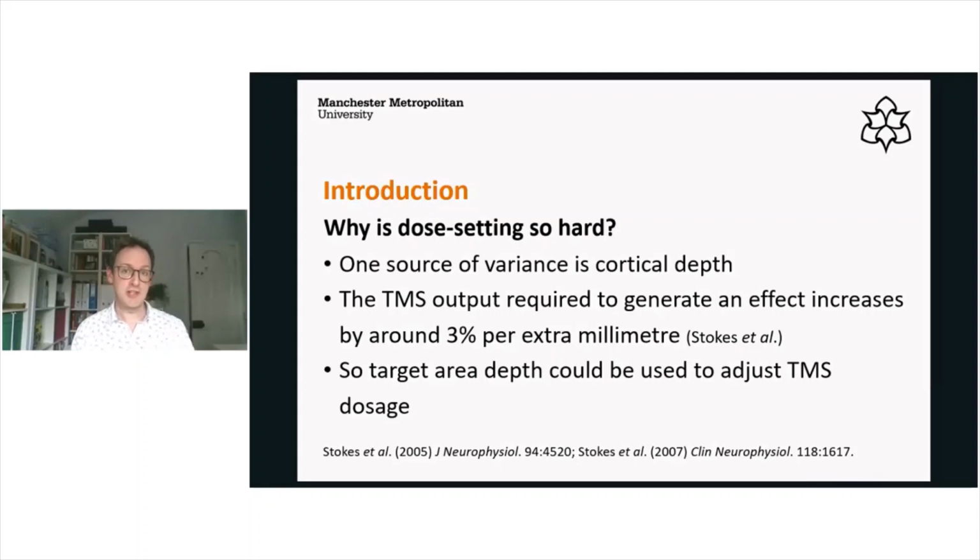So if the brain area that you're trying to target is 1 millimeter deeper than some reference level, then you need to turn your dial up by an extra 3%. There's some clever work over the last few years by Mark Stokes and colleagues that helped us to understand the role of depth itself, irrespective of the intervening tissues.